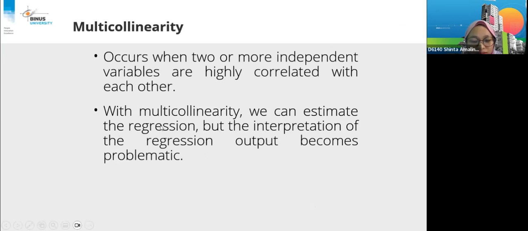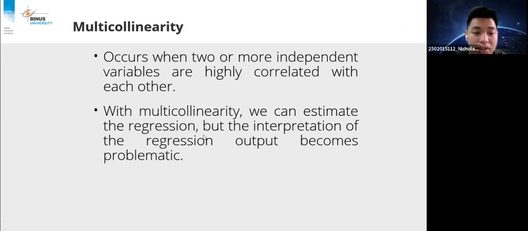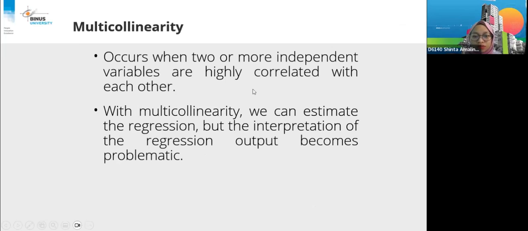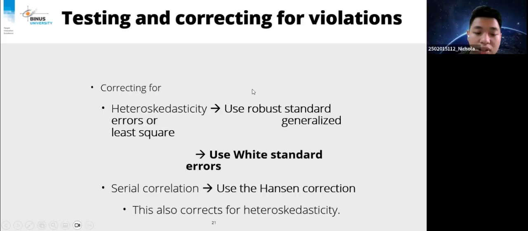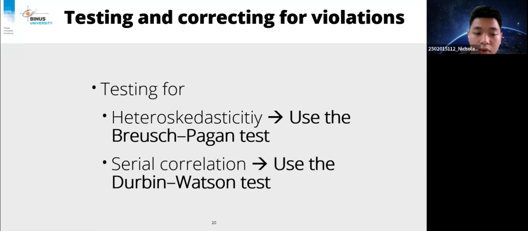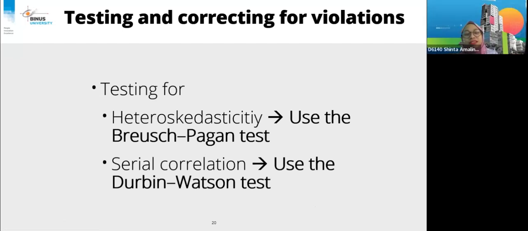Slide, please. Sorry, Miss, can I ask about heteroscedasticity? Sure. What will happen if we ignore heteroscedasticity? When we ignore the heteroscedasticity issue, then our regression results will be biased. When the results are biased, they are not robust.